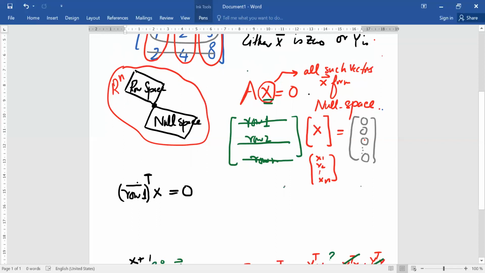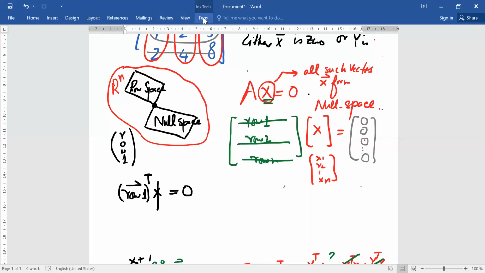Once you do the transpose, it becomes a row. Whenever you have a vector, it's always in column format, so X is a column. The row times the column is 0. That's why you get this particular 0.